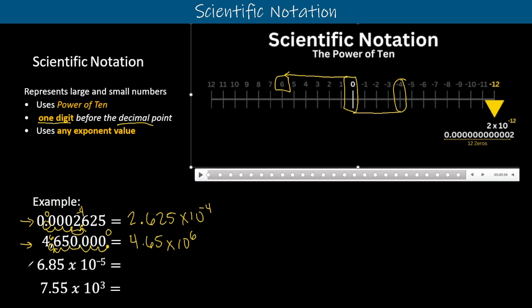Okay. So these other ones are already in engineering or scientific notation here. We know they're in scientific notation based on the number here, the times 10 factor. So we can take our decimal point and move it back out of scientific notation if we want to. We just got to rewrite it here. So we know that this is going to be a small number based on that negative 5 that we have there. So we can say that we have 6.85 as our current number, and we want to move it out of times 10.